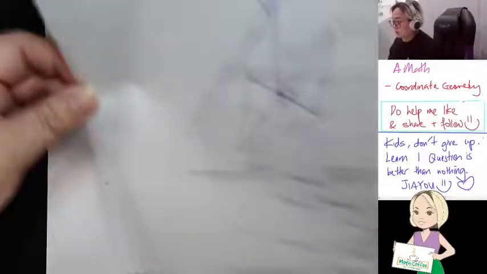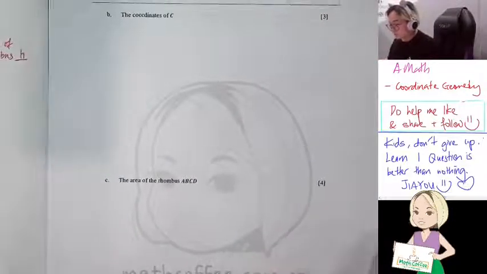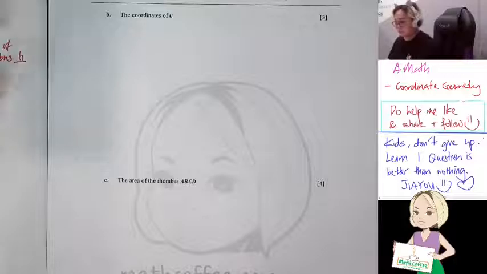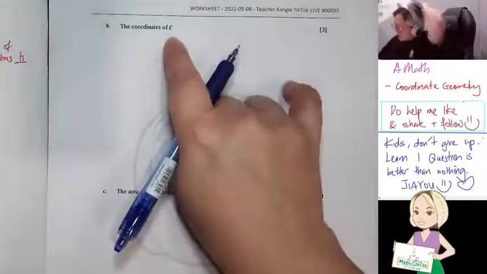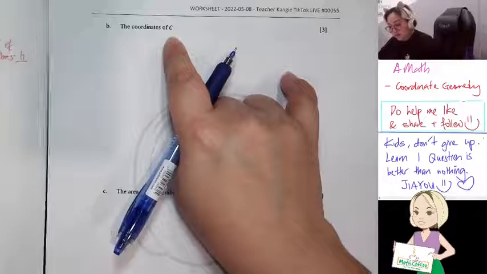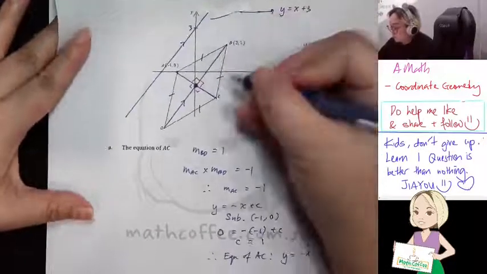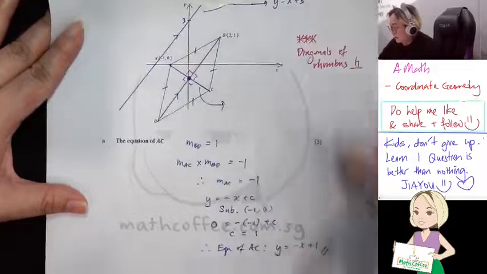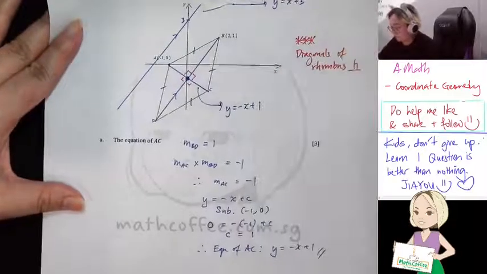Okay, let's move on. So the coordinate of C. Let's see whether we can find the coordinate of C. Okay, so the line here, I already have the equation, which is y equals minus x plus 1.